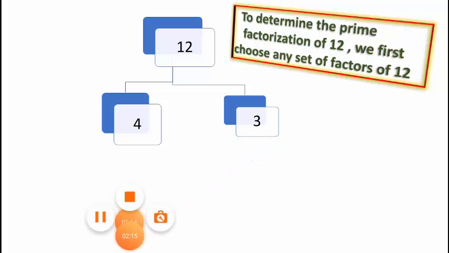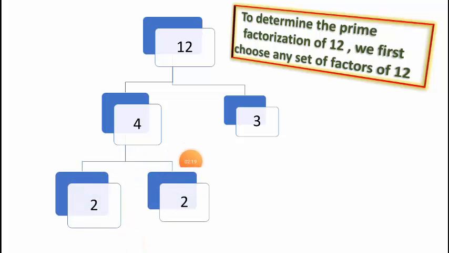The another set of factors for 4 we will write as 2 and 2. Clear? As 3 is a prime number, we will not break it down again and we will circle it.